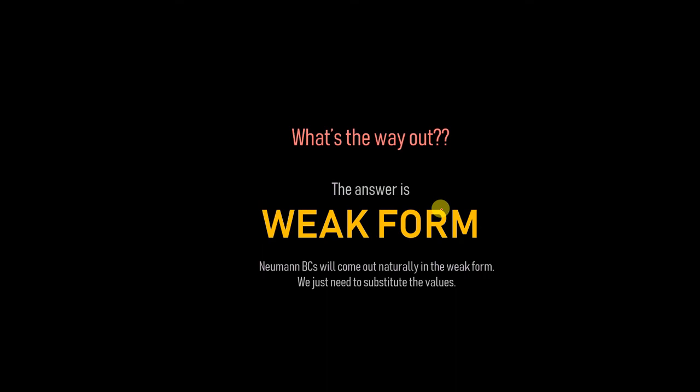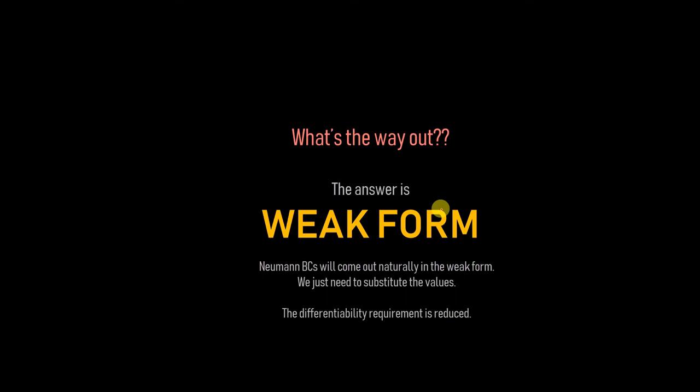We'll see how that happens. And second, it reduces the differentiability requirement on your trial solution. These are the two problems, among many, that we have focused on, which the weak form solves or at least partially solves in some cases. That's what we'll be discussing in the next video.